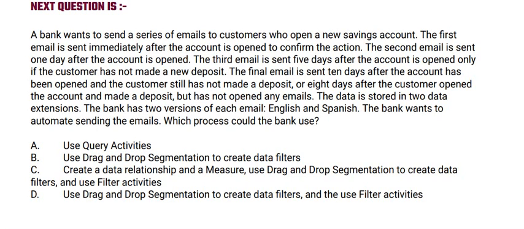Option C, create a data relationship and a measure. Use drag and drop segmentation to create data filters and use filter activities. And option D, use drag and drop segmentation to create data filters and then use filter activities.